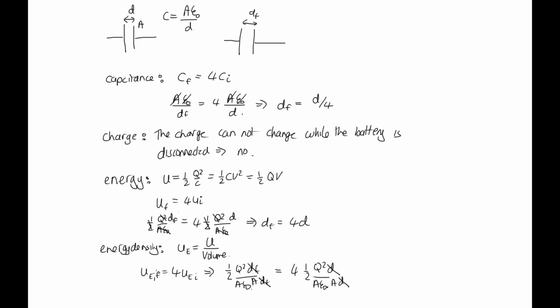So this tells us that the energy density is independent of the plate separation. So it does not change as we change D, which means that the answer to this one is no. We can't separate these a certain amount to make this true.